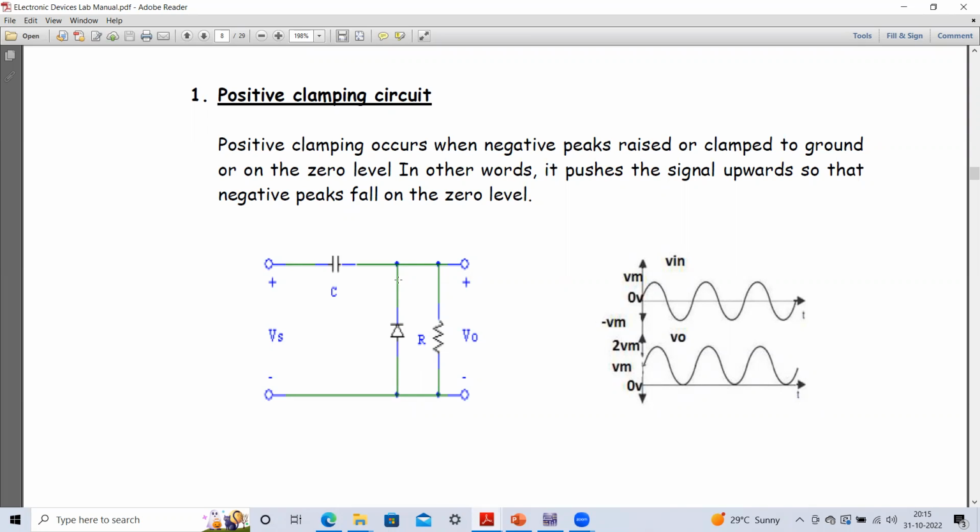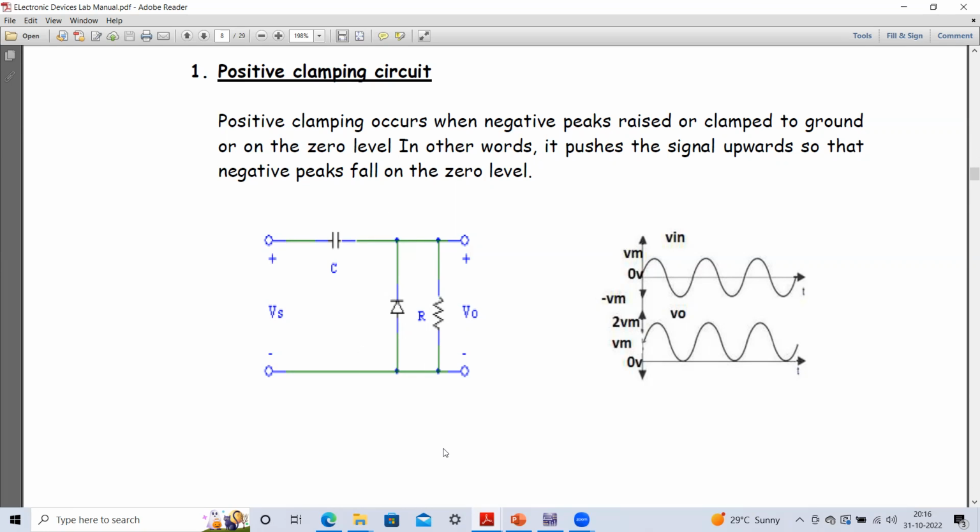Okay, it is not a flat 0 volt. We will not get a flat 0 volt, but a certain amount of voltage variation you are going to observe across this particular terminal. Okay, and after that you will find that it will get charged up to the maximum peak value of the input waveform. So here it is minus V. So here the polarity will be plus and minus, and that way it is going to be charged, and then this will have a particular voltage that you can calculate by writing the KVL expression.